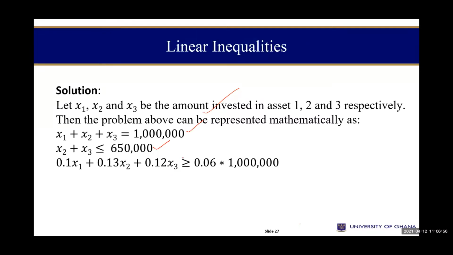At least is greater than or equal to what? 6% of the total annual income. This is what we have done. So it's just to bring to your notice again that you may have an equality sign or an inequality sign in your equation, which can be less than or equal to or greater than or equal to.